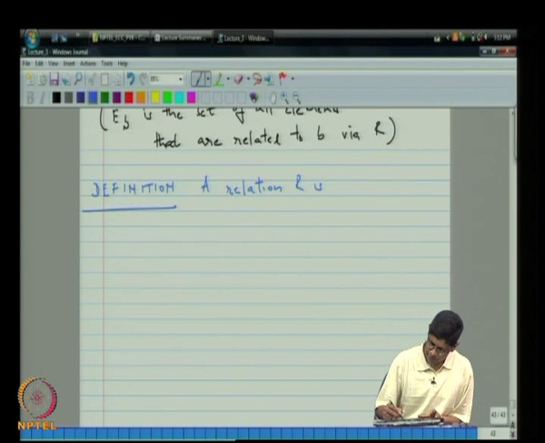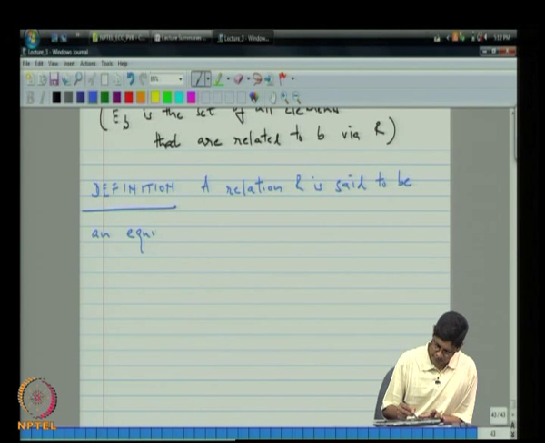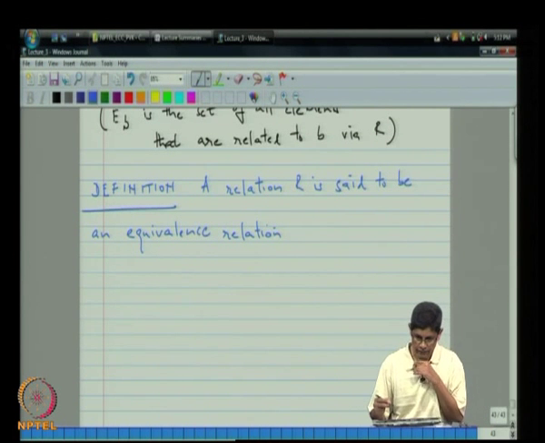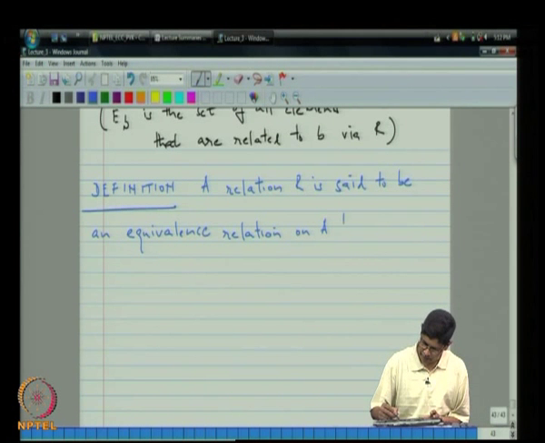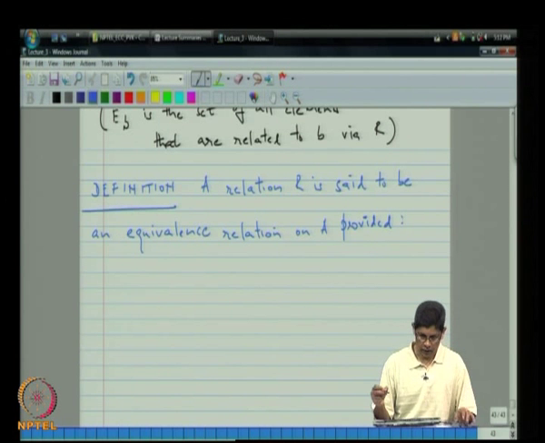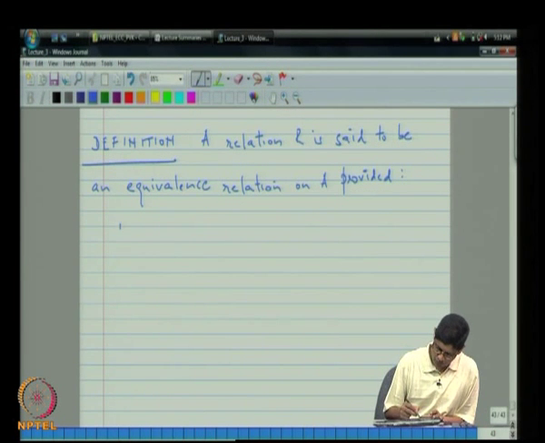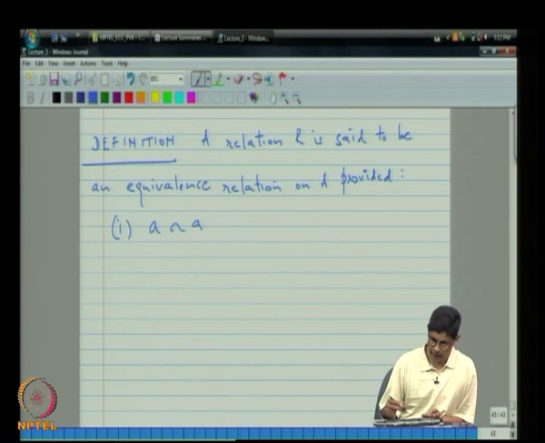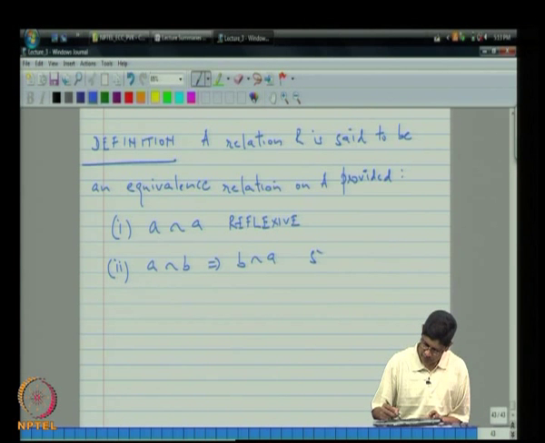A relation R is said to be an equivalence relation on A, provided that all the following conditions are satisfied, namely 1, A is equivalent to A. This is called the reflexive property. 2, A is equivalent to B implies that B is equivalent to A. This is called the symmetry property.